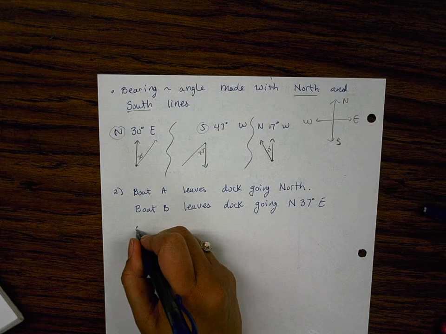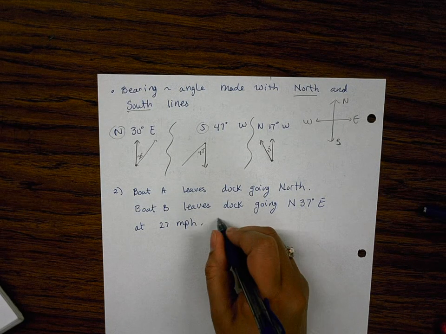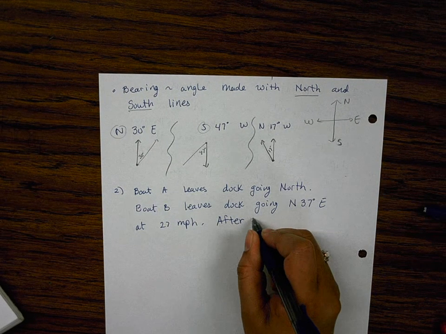Okay, boat A leaves dock going north, straight north. Boat B leaves dock going north 37 degrees east at 27 miles per hour.